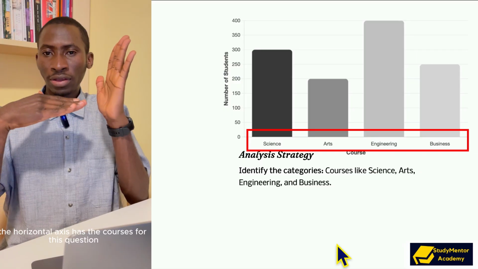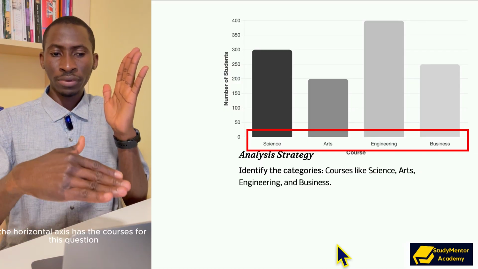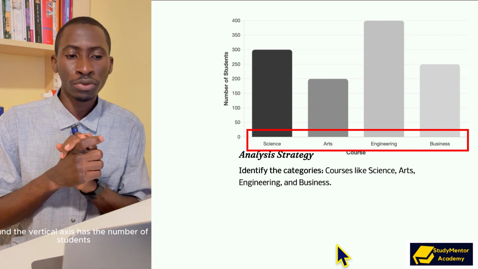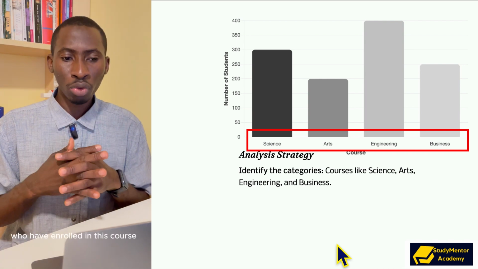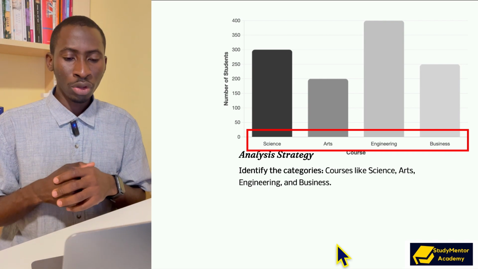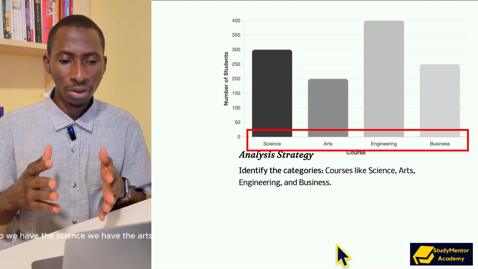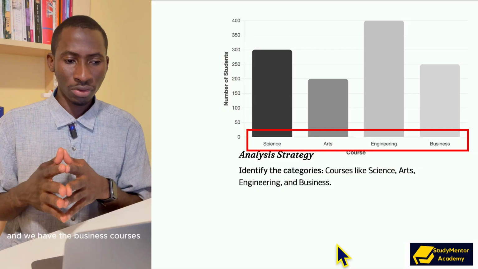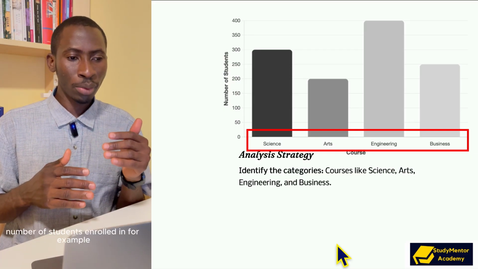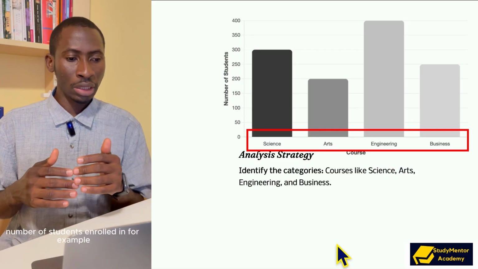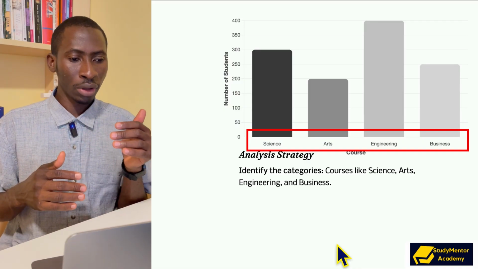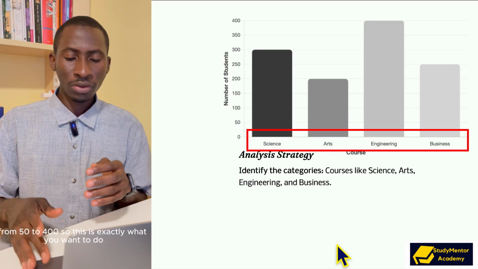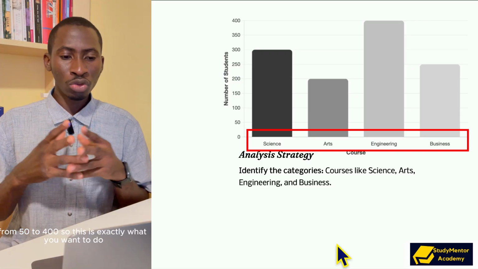The horizontal axis has the courses for this question, and the vertical axis has the number of students who have enrolled in these courses. So we have science, arts, engineering, and business courses. And then we can see the number of students enrolled, for example, from 50 to 400.